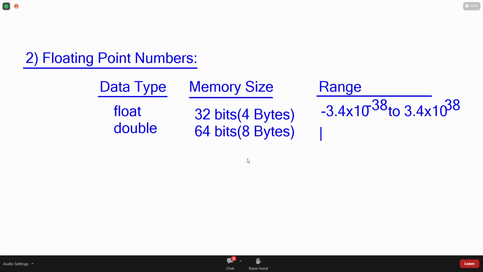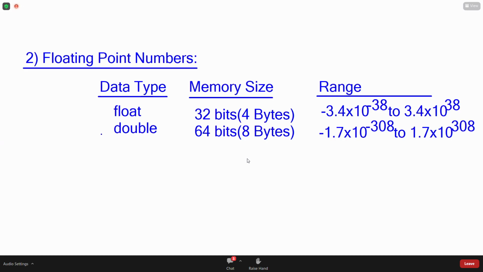For double, minus 1.7 into 10 to the power of minus 308 to plus 1.7 into 10 to the power of plus 308. These also no need to remember. What you have to remember is the data type names only.